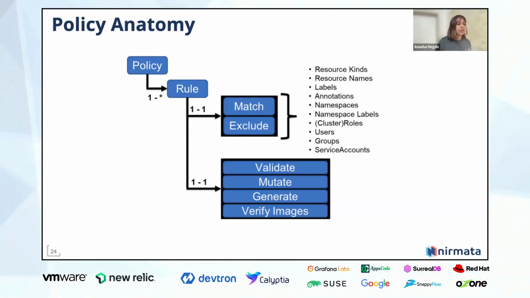It is very easy to write such policies as well. We will also go through this exercise today. So in general, this is a basic policy anatomy. You have a policy, a single policy can have multiple rules, and each rule can have different types.